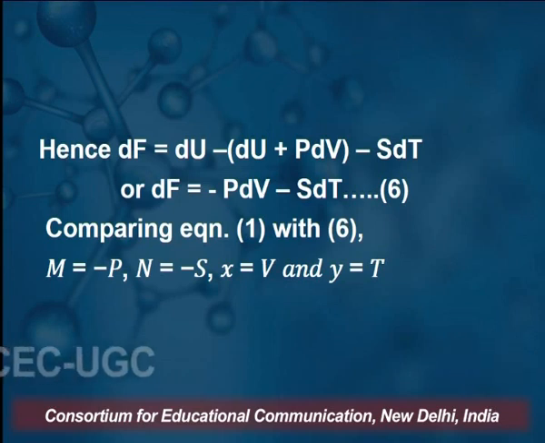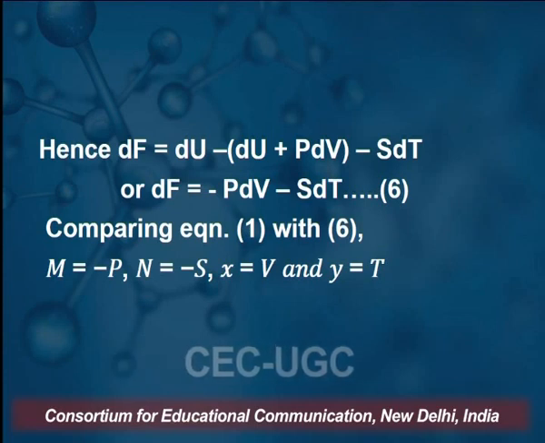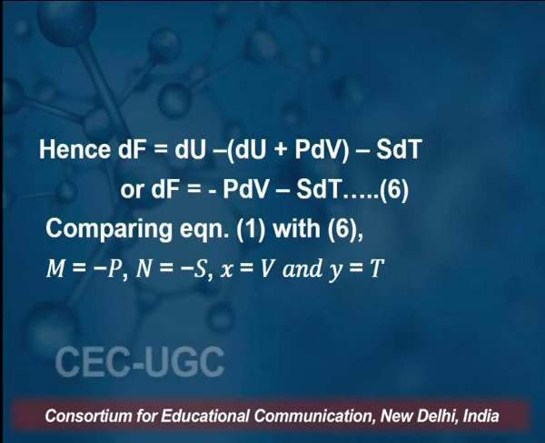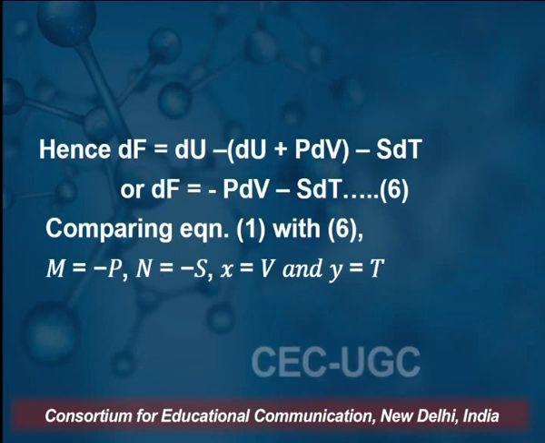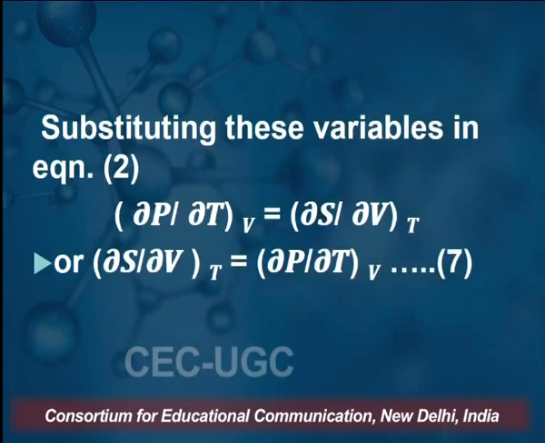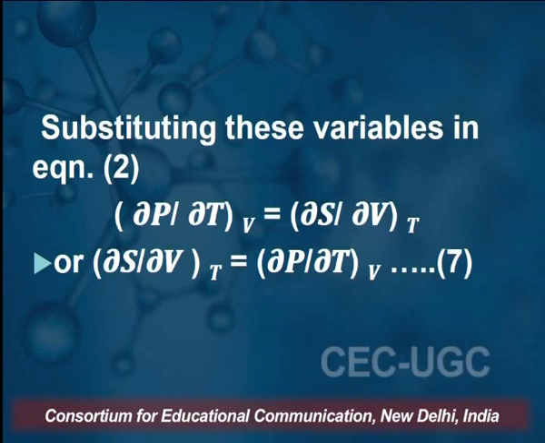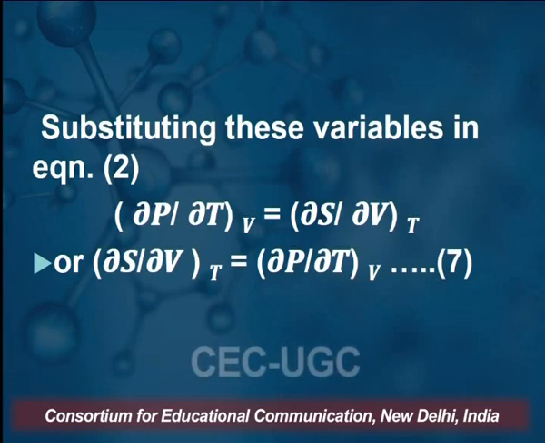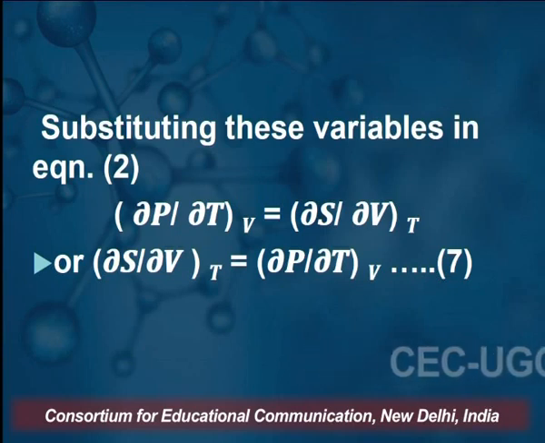Comparing equation 1 with equation 6, we can see that in equation 6, M is equal to minus p, N is equal to minus S, x is V and y is equal to T. If we substitute these variables in equation 2, we get delta p by delta T at constant V is equal to delta S by delta V at constant T.